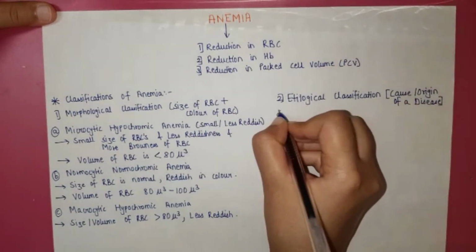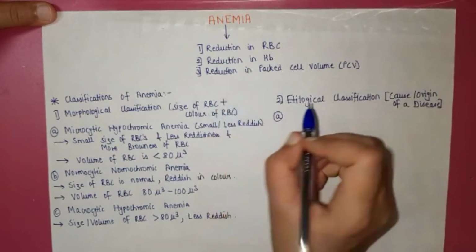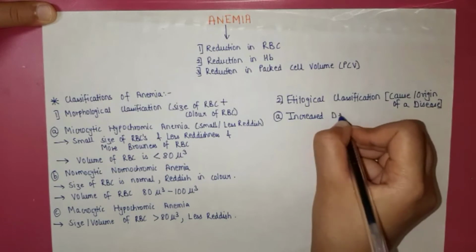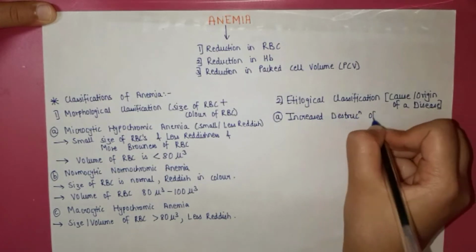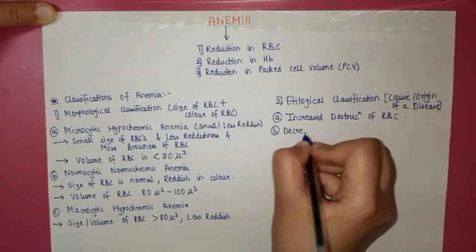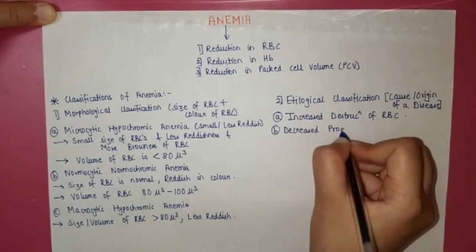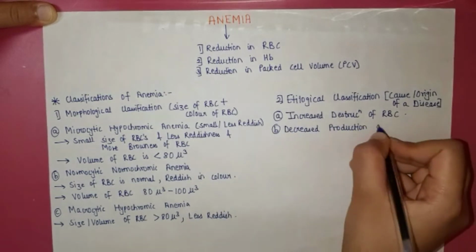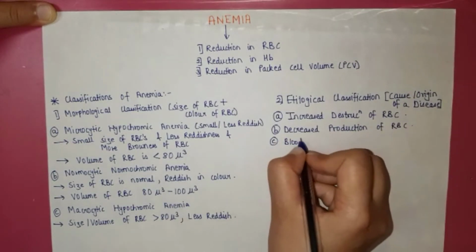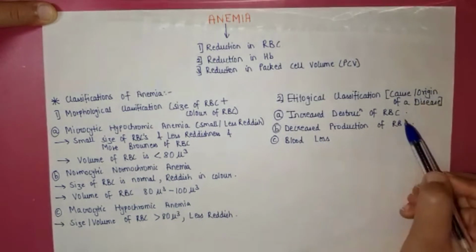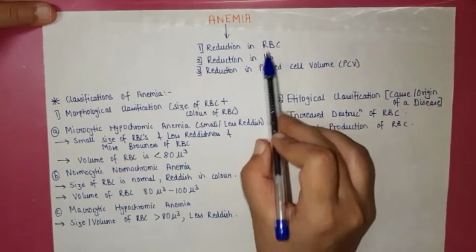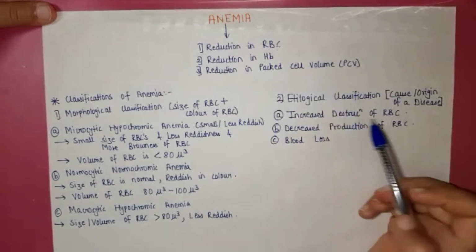The first cause of anemia is increased destruction of RBCs. The second cause is decreased production of RBCs. And the last cause is blood loss. So due to these three reasons, the anemia, which is a condition caused due to the reduction in RBCs, hemoglobin and packed cell volume, is caused.